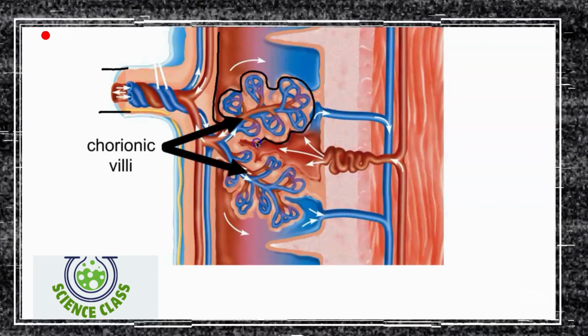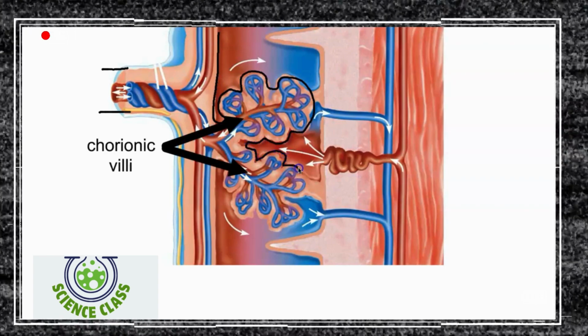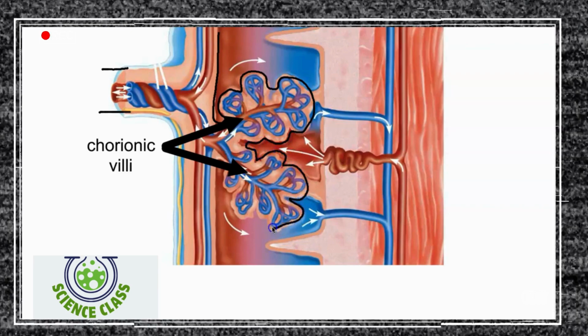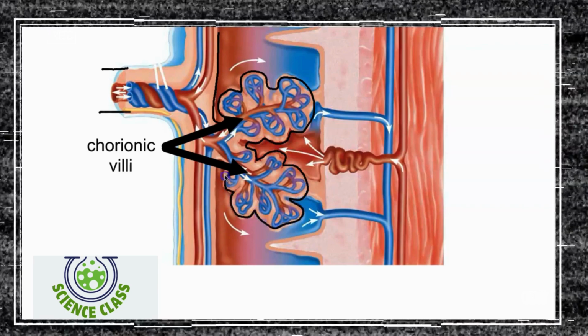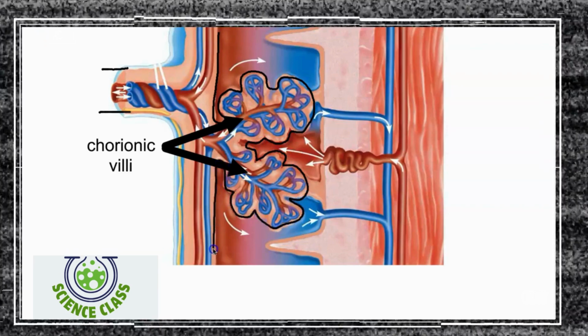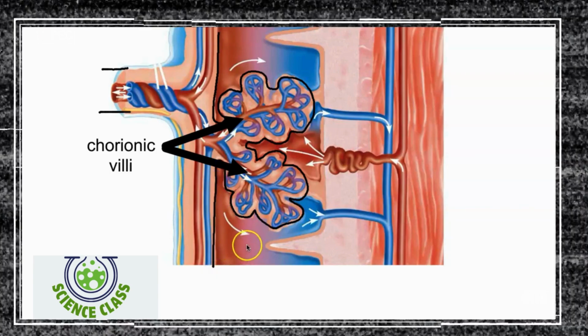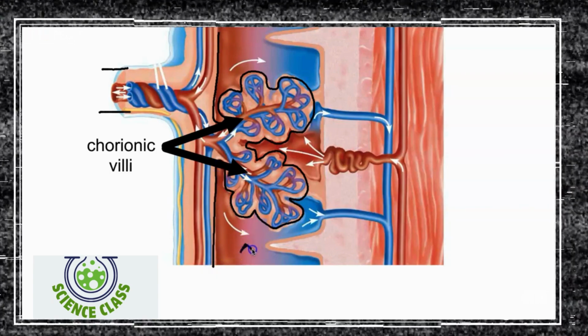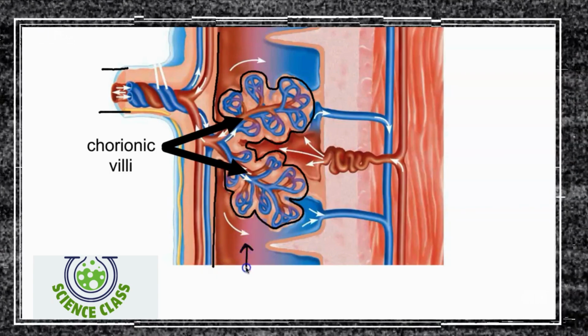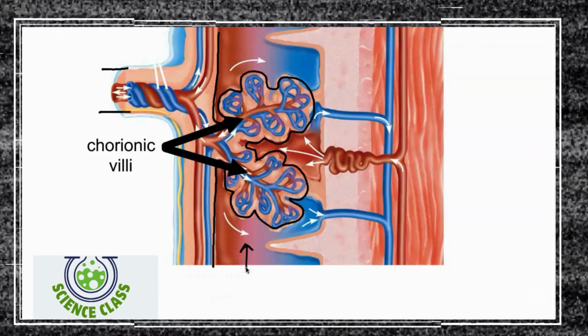So these are still the chorionic villi, and we know that the chorionic villi are rooting into the endometrium. Let's take a look at that. This pool of blood, remember, that surrounds the chorionic villi is known as the intervillous space.